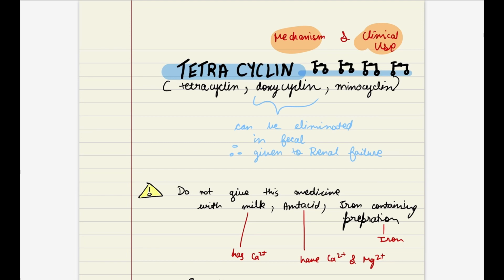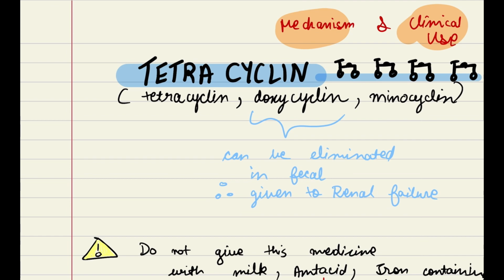When I hear it, the 4 cycles come to my mind. That's what its image in my mind is. For this we have to keep in mind that all of these suffixes are similar: cycline, cycline, and cycline. Now the examples of drugs are tetracycline, doxycycline, minocycline.